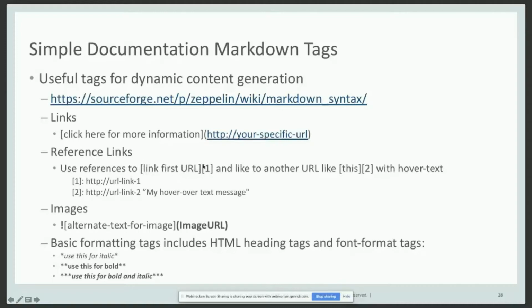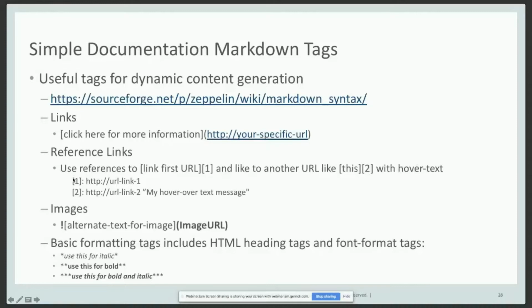Again, I use the square brackets to do that, and then I give it a square bracket of 1. And then I might say there's another URL like this. Again, I put the word that I want linked, and I'm going to link it to the second URL. And I want some hover text on that one as well.